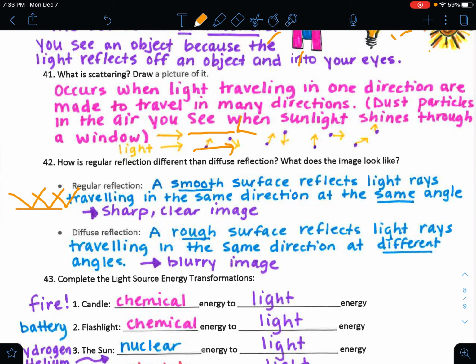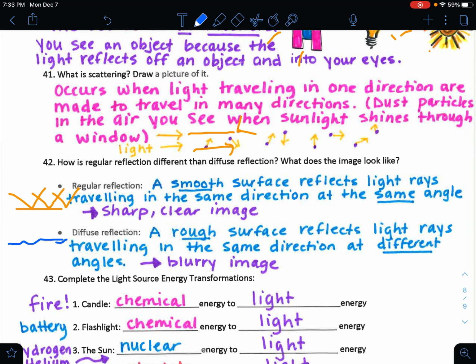So this is smooth water. So remember when we did this in my teaching video, I had that picture that I was showing you, comparing the two, regular and diffuse reflection.